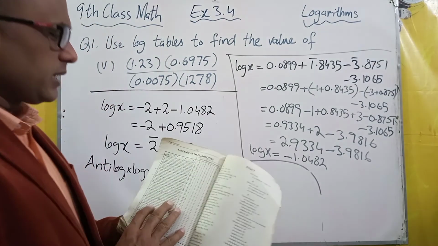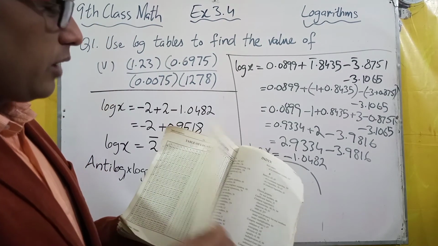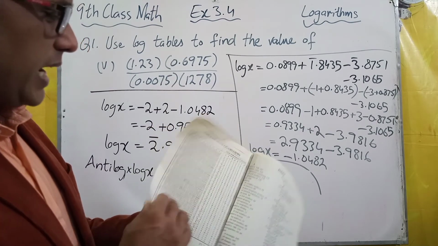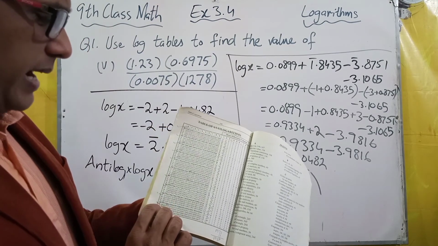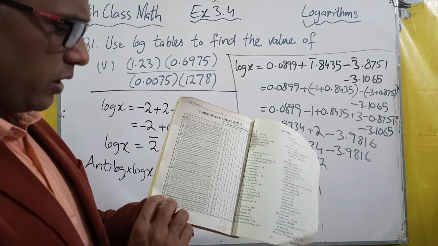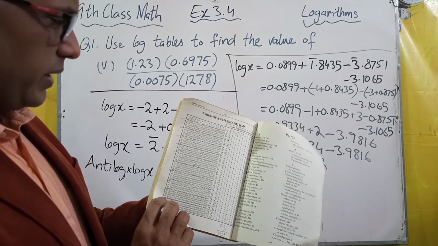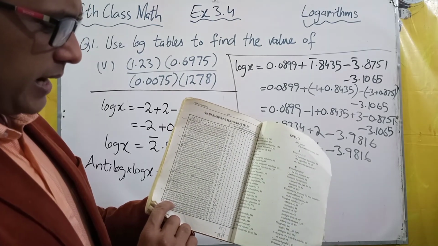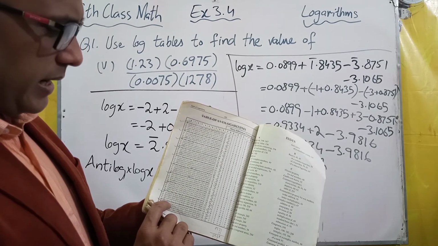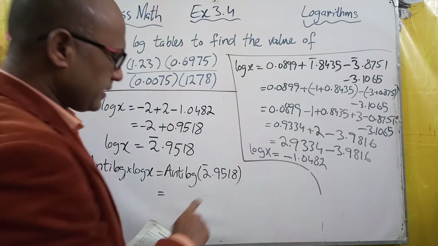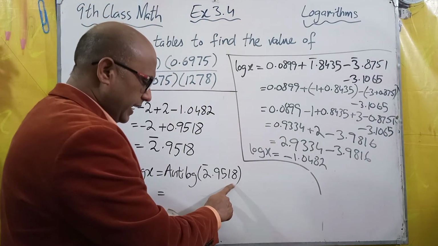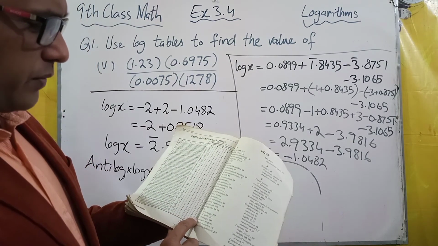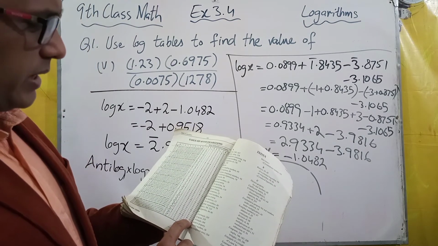So check, this is the table of anti-logarithms. So we have to check 95. It would be on the second page of the table of anti-logarithm. It is 95 here, we have to check it in 1. It is 89 and 33, 89 and 33, and the difference is in 8. So we'll check the area of difference. It is 17.